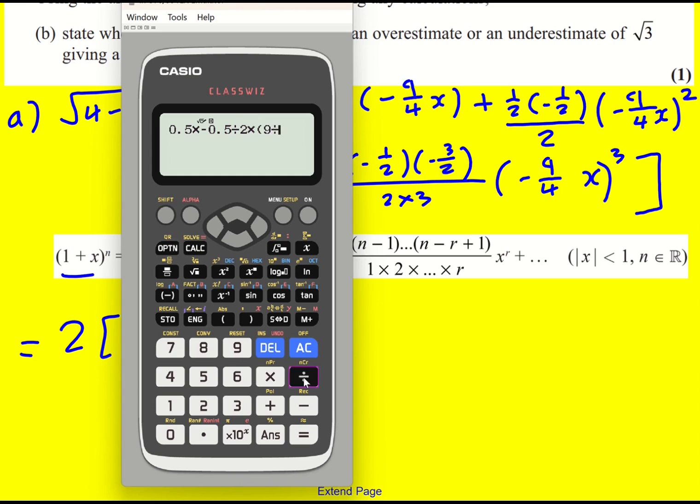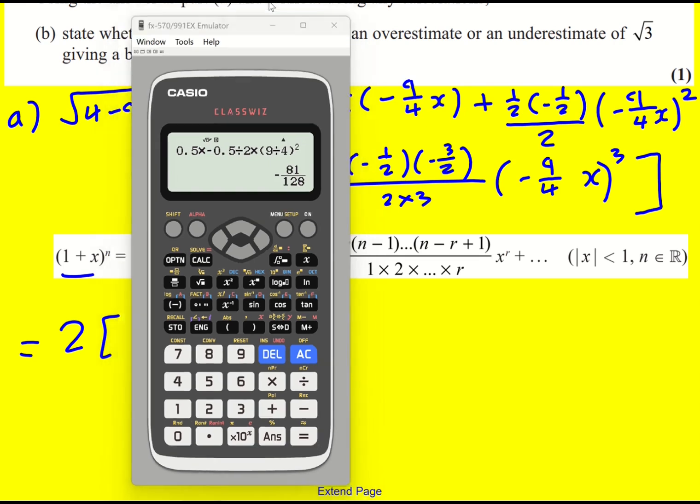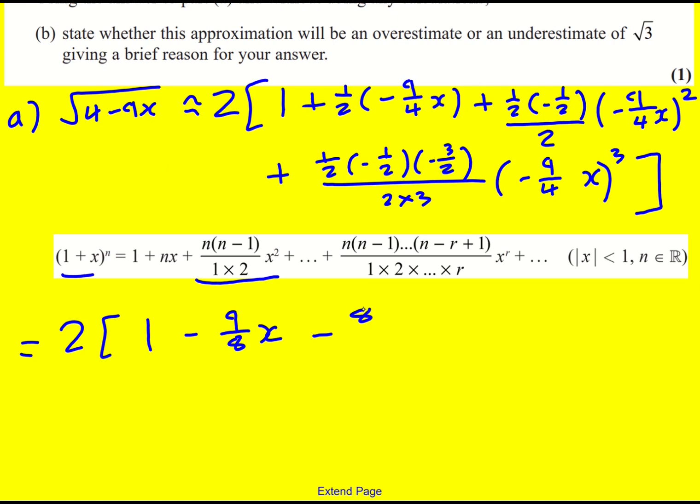That's the same as 9 over 4 squared. You can use the fraction button if you prefer, but this is just a little bit quicker. Minus 81 over 128 x squared. And the next one ends up being minus 729 over 1024 x cubed.